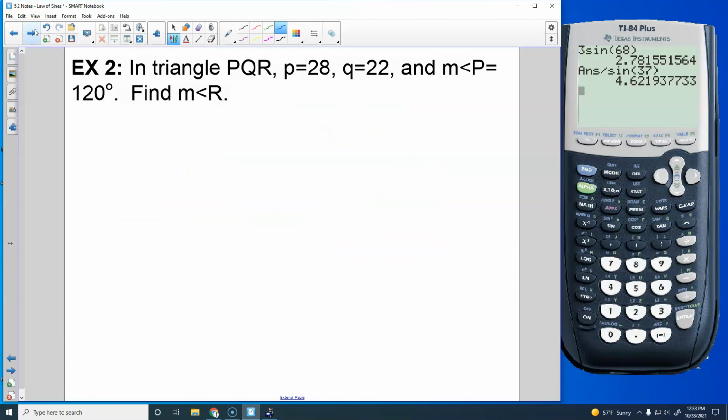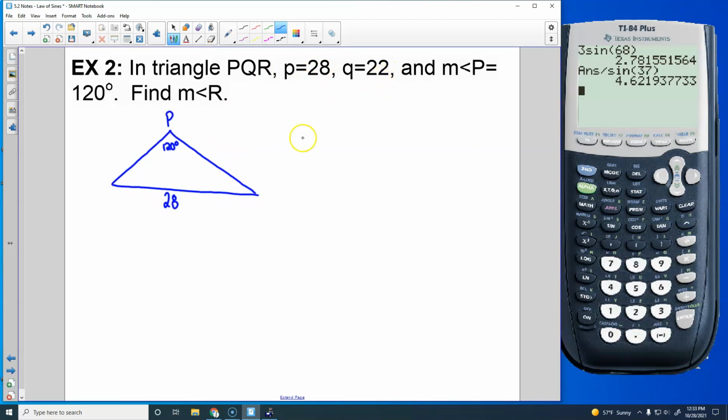Okay, so we've got triangle PQR, and they give us lowercase p, lowercase q, and capital P. So I'm going to draw myself a triangle here. Let's see, angle P is 120 degrees, so let's make it like this. This is angle P, that's 120 degrees. And then side P is across from it, that's 28.